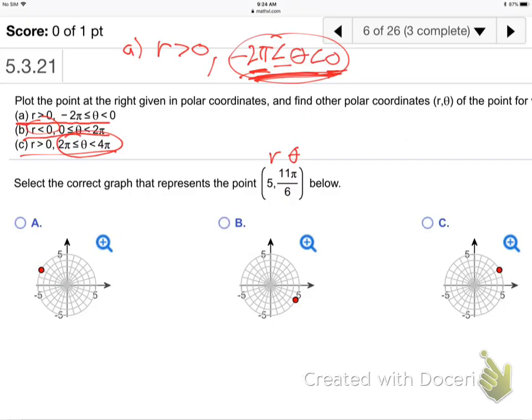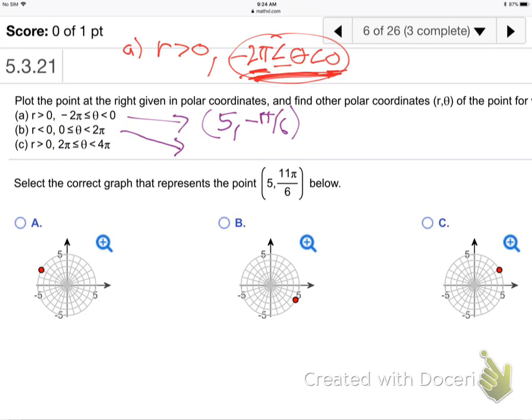So the first answer they want, part A, is we would say, okay, part A, the original thing you gave me, 5, 11 pi over 6, that's the same location as 5, negative pi over 6. It's exactly the same location because that's the same angle. Then in part B, they want me to find the exact location by making the r less than 0.